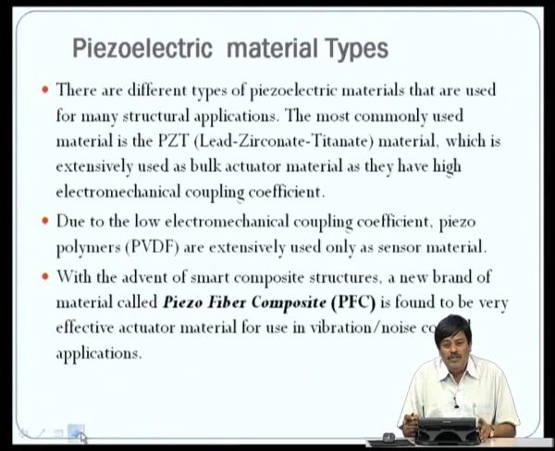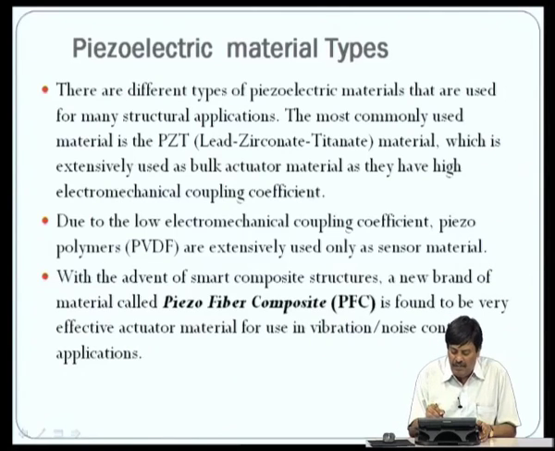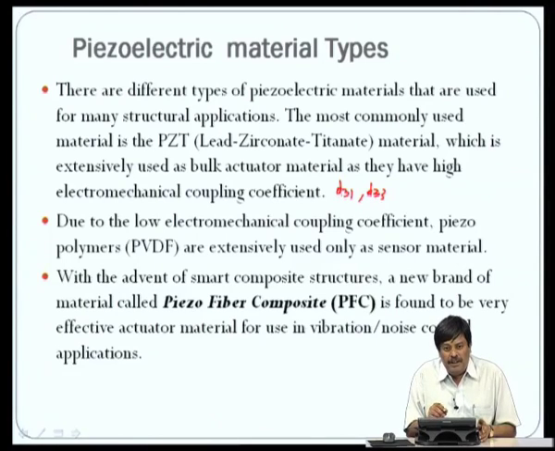The most commonly used is the ceramic form, that is PZT, where PZT stands for lead zirconate titanate, which is extensively used as a bulk actuator material as it has high electromechanical coupling coefficients. Here we are talking about D31 and D33.